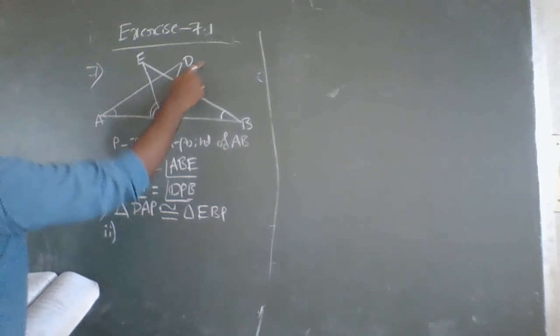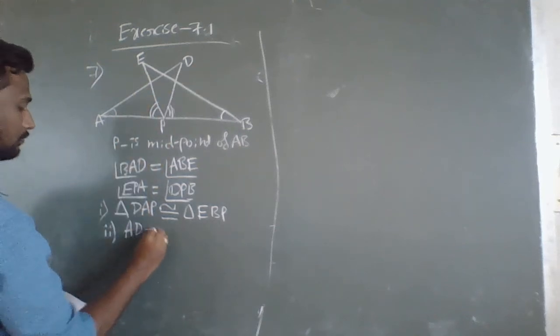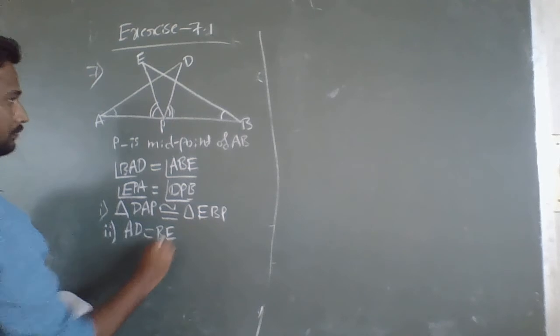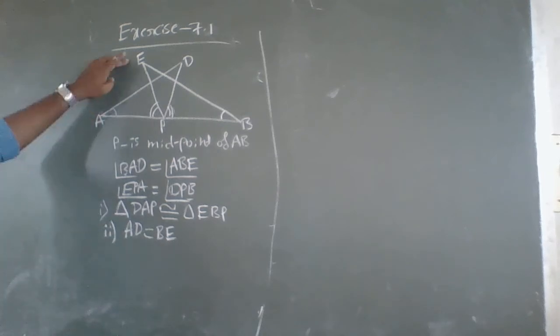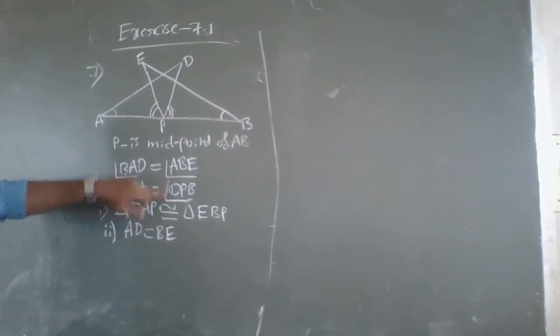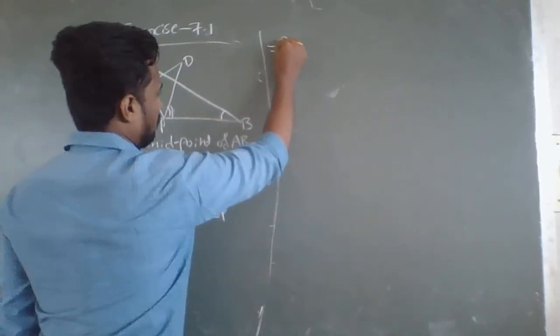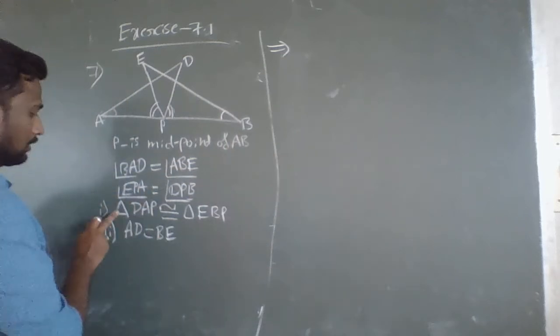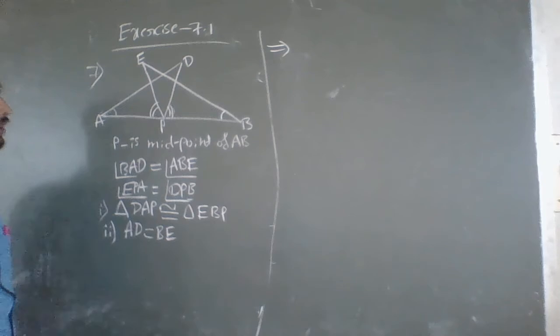This AD is equal to BE. So here angle EPA is equal to angle DPB. They have given this. To prove this, triangle DPA is congruent to triangle EBP.